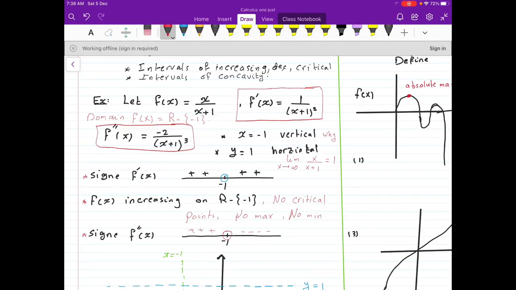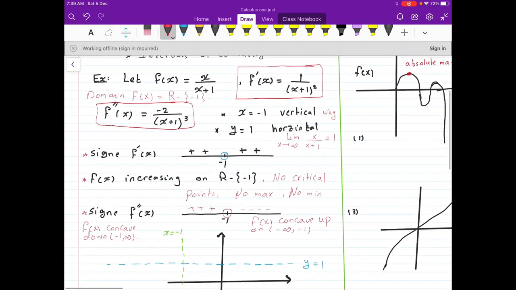So we get f(x) concave up on the interval minus infinity to minus 1, and f(x) concave down on the interval minus 1 to infinity, and obviously there is no inflection point. We can't say minus 1 is an inflection point since it is not included in the domain, and the function f(x) is not continuous at this point.